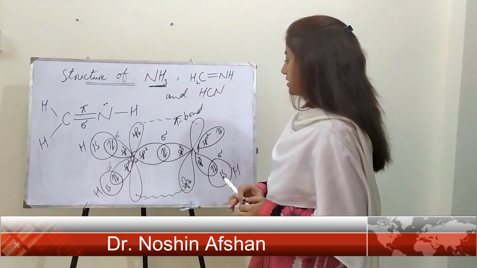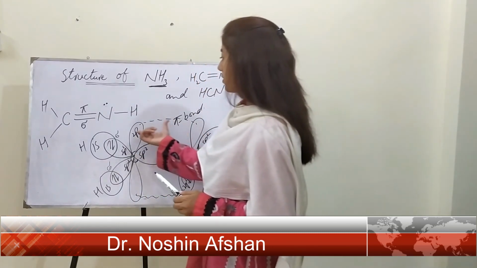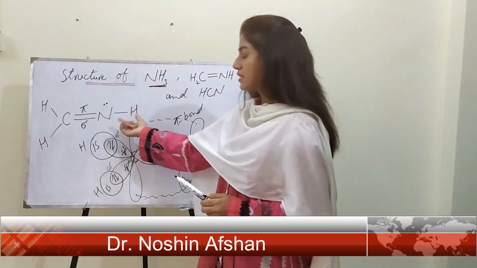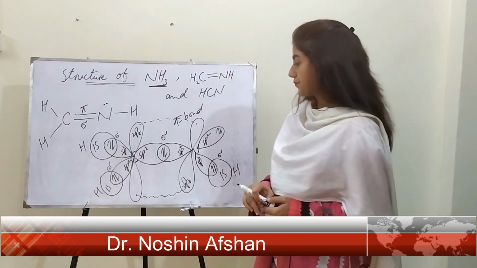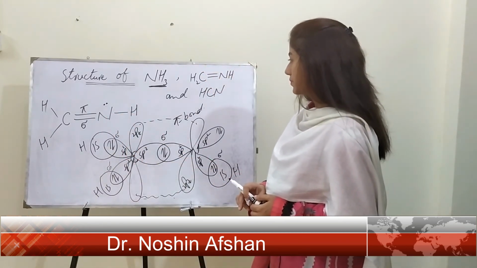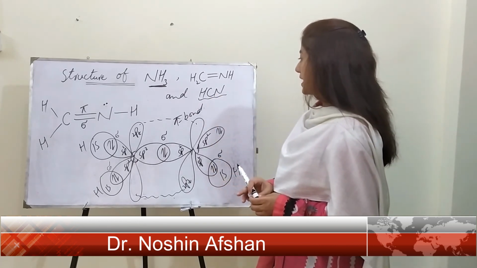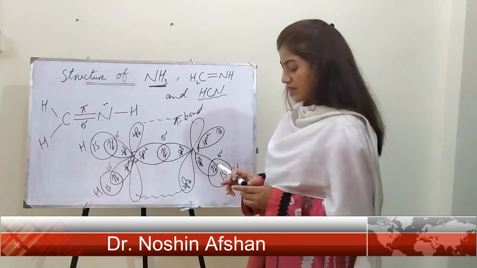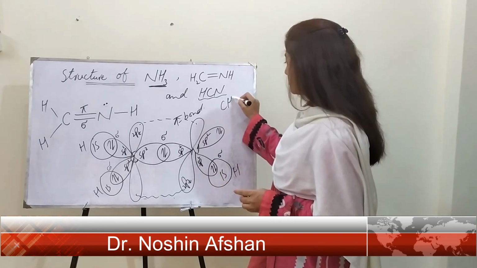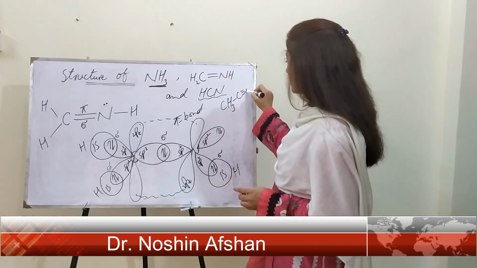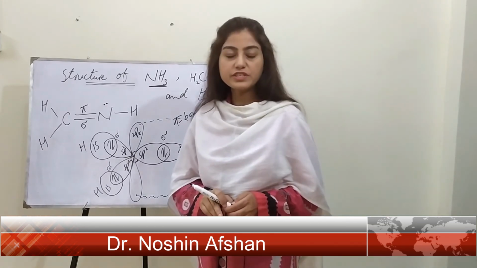So in this way, the structure of imine or CH2NH has been explained. So now we move towards the HCN and also the methyl nitrile in the next video lecture.